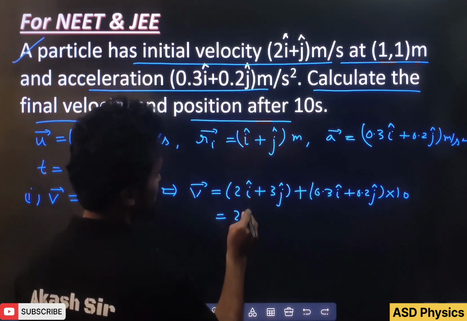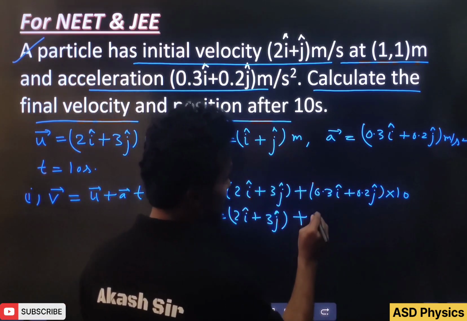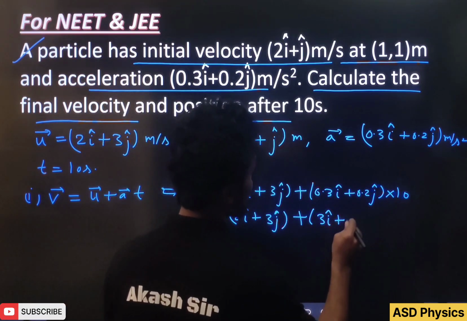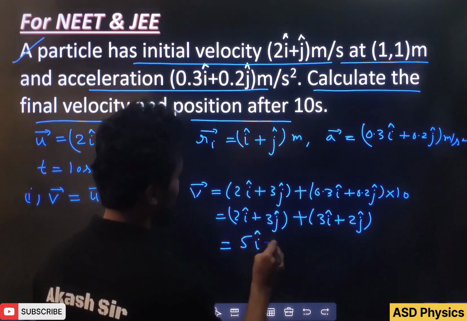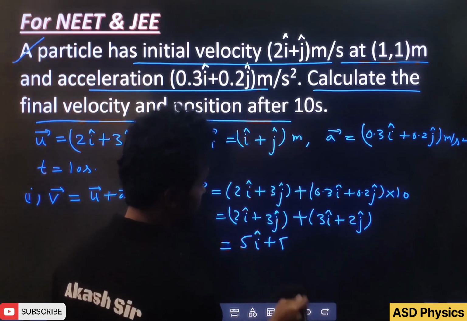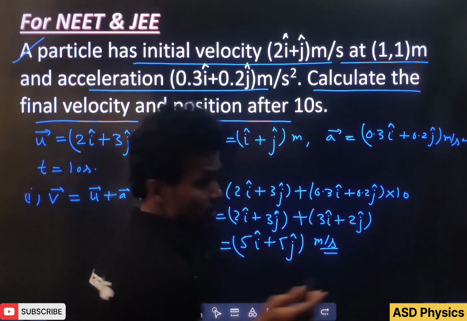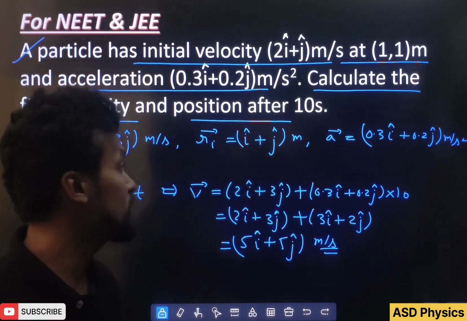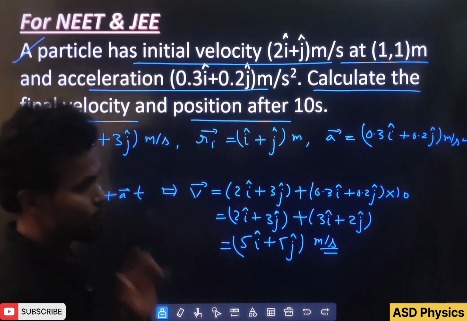So what will this become? 2i cap plus 3j cap, and this multiplied with 10 becomes 3i cap plus 2j cap. So when you solve it, it will come 5i cap plus 5j cap meter per second. When you calculate the magnitude, it will come 5√2. Okay students, after that we have to calculate the final position.